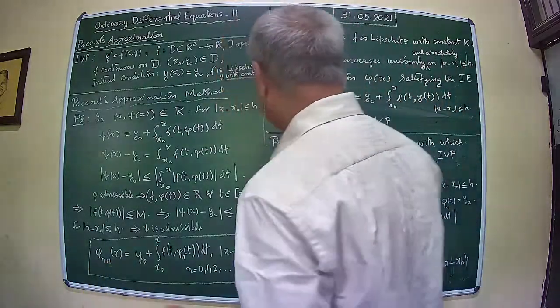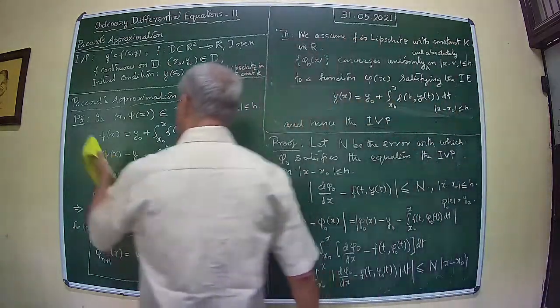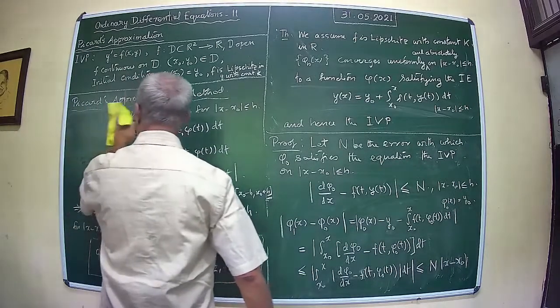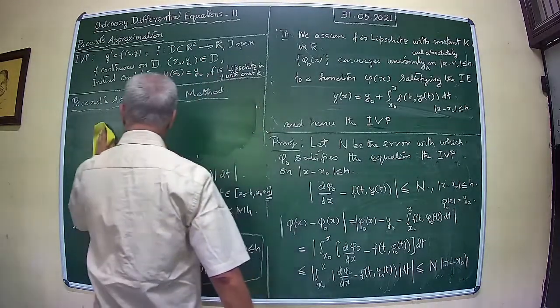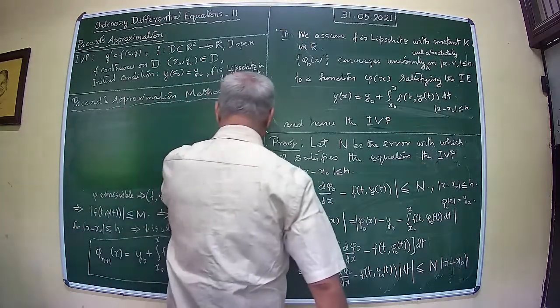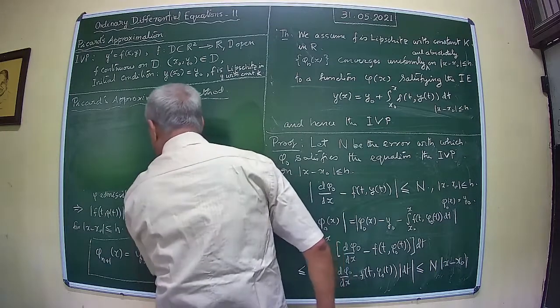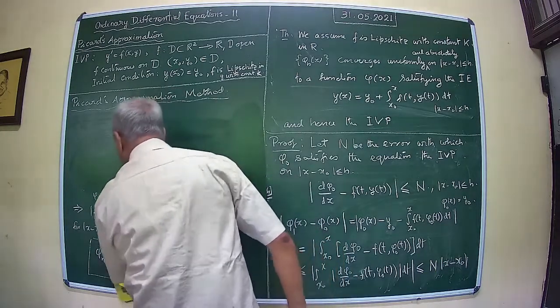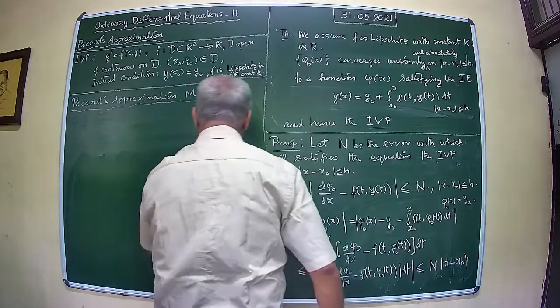So this is one estimate that you have. Now what you do is you recursively calculate this. We will work out the estimate for the entire phi n.